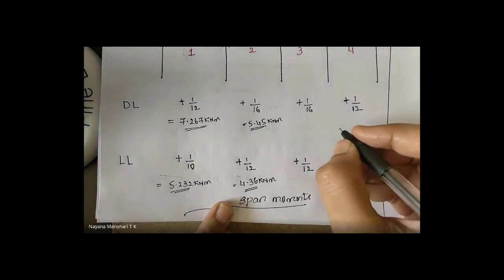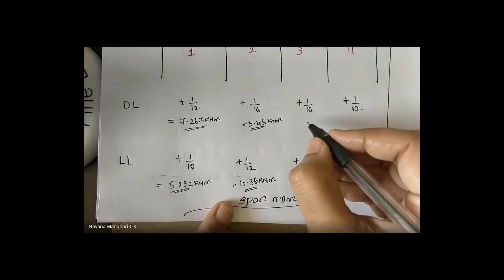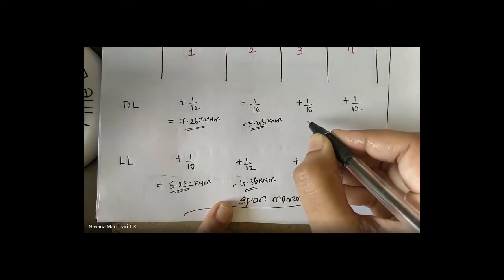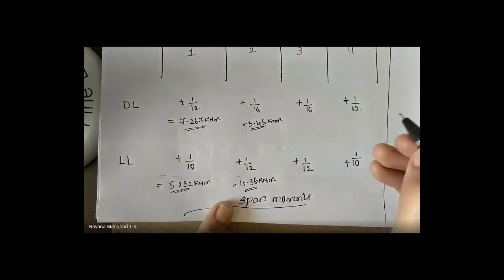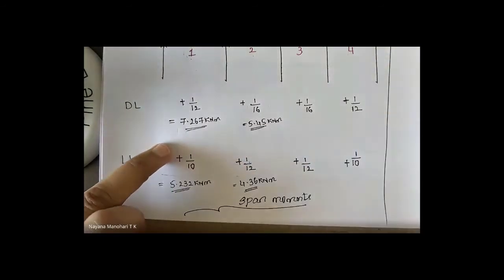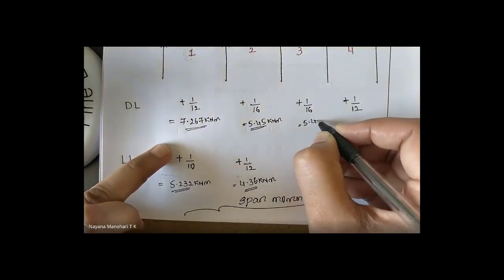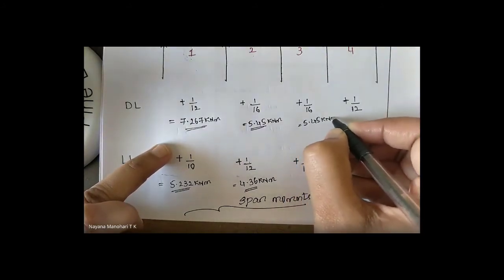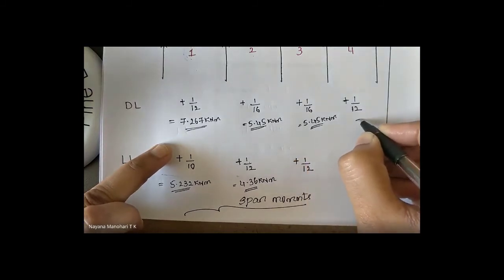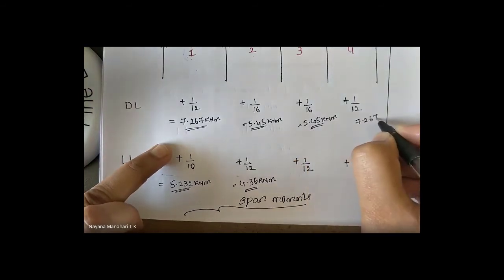Okay. Next is what? Similarly, you calculate. Both these are the same. You will get 5.45 kilonewton meter, and this value is 7.267 kilonewton meter.